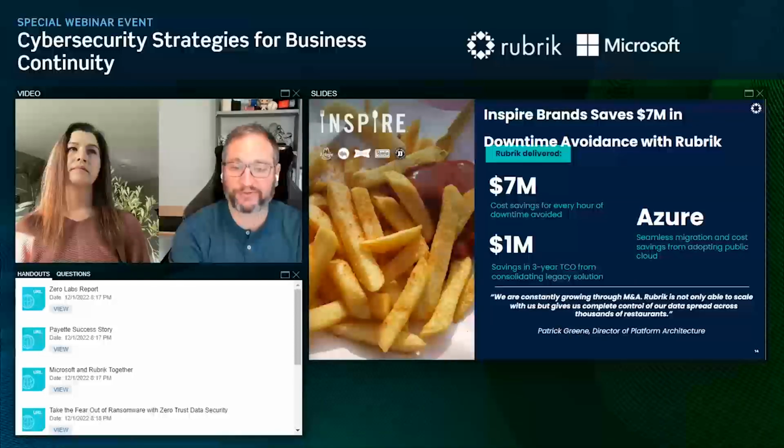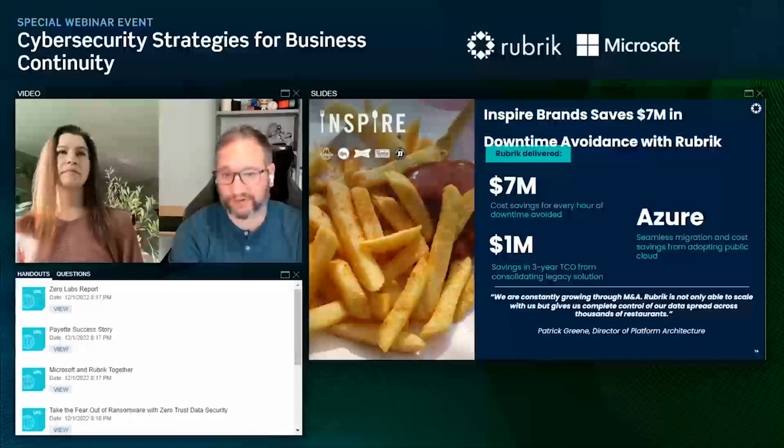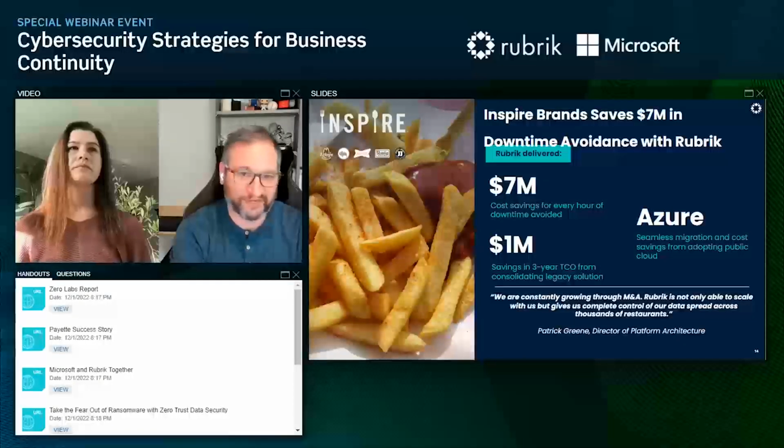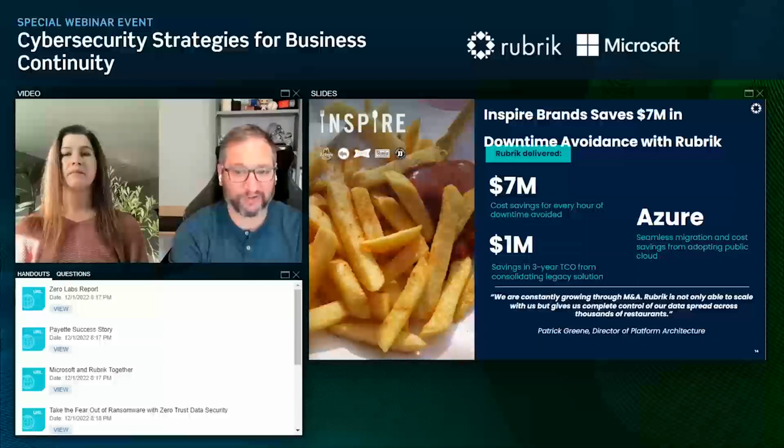It's always good to have that flexibility, not only in planning for disaster or cyber threats, but also for new applications, new data, new workloads, and having solutions that plug in together and not only protect your data, but also work well together when it comes time to recover from an attack or from something else.